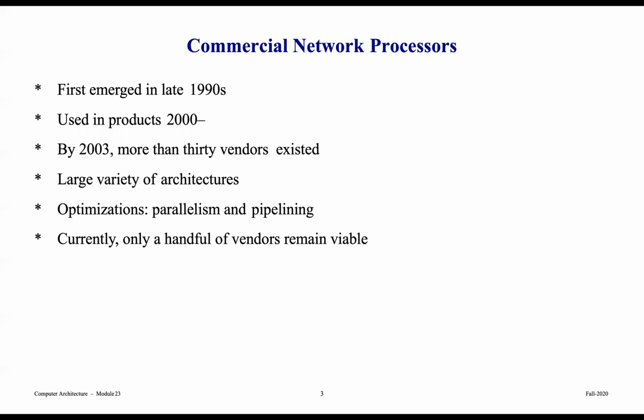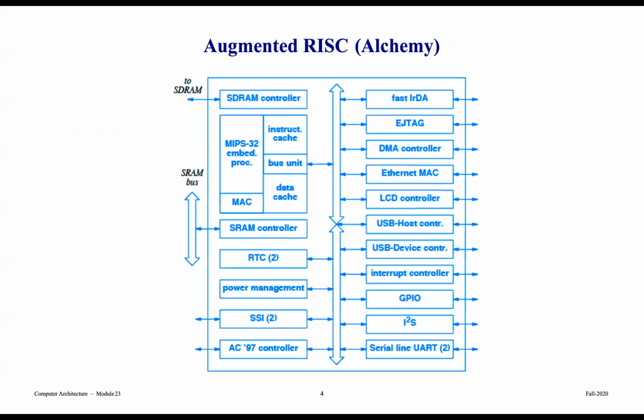Currently only a handful of vendors remain viable. Here is an illustration of an augmented RISC, how that would look, and we can see some of the interesting details associated with this kind of construct.